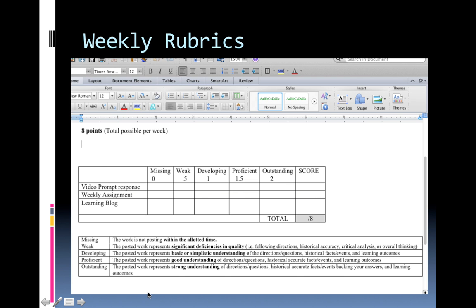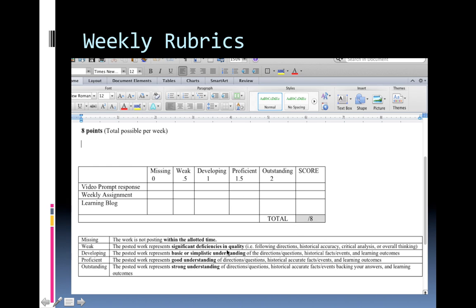Weekly rubrics will look somewhat like this, although this is slightly outdated. The updated version has a quiz as a 4th category. The scores are as follows. The only score that receives more than 2 points will be the weekly assignment. That will be 4 points, for a weekly total of 10, not what's indicated here of 8 points.